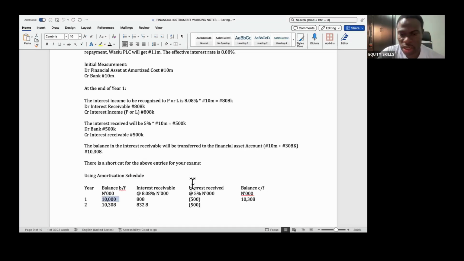It doesn't change. It's always 5% on principal every year. It must not change. Okay? So, what will then be our balance? This plus this minus this. What will they give us?